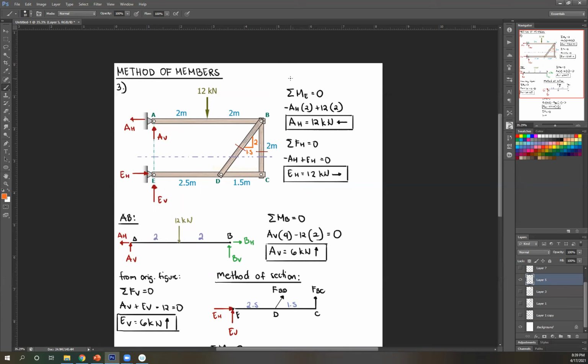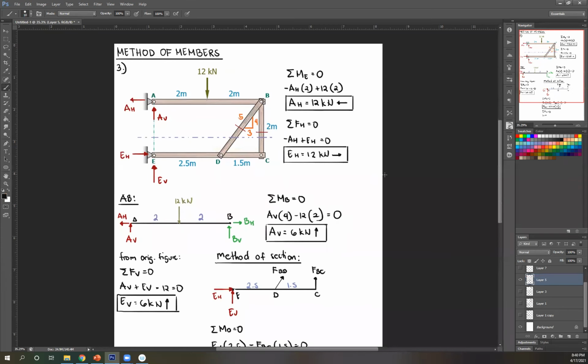Or if you've noticed, if I multiply both of these by 2, 2 times 2 is 4, and 1.5 times 2 is 3. We get another 3, 4, 5 right triangle. You can just use 1.5 and 2, that's fine, or you can use the 3, 4, 5 considering it's the same slope.